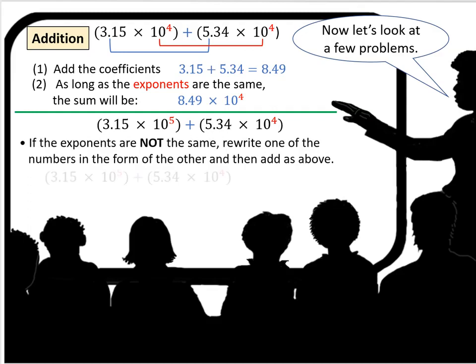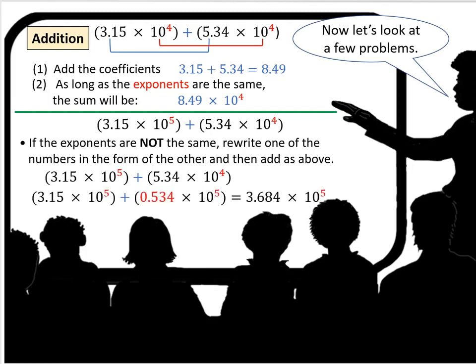Now here's an example where the exponents are not the same. 3.15 times 10 to the fifth plus 5.34 times 10 to the fourth. If the exponents are not the same, rewrite one of the numbers in the form of the other and then add as we did in the first example. So I took 5.34 times 10 to the fourth and wrote it in the same form as the other addend, so I need it to be 10 to the fifth.